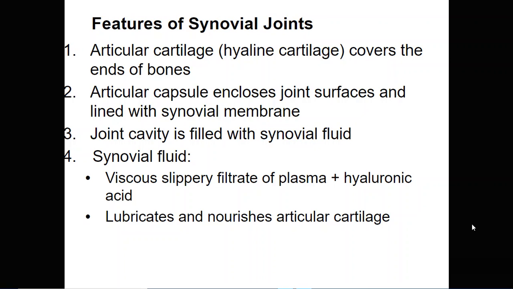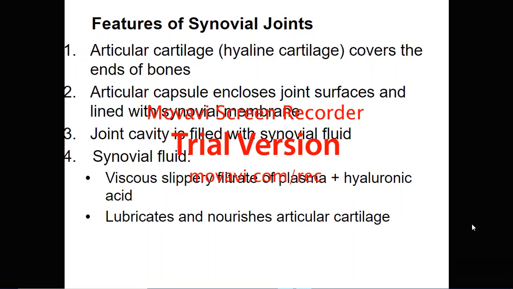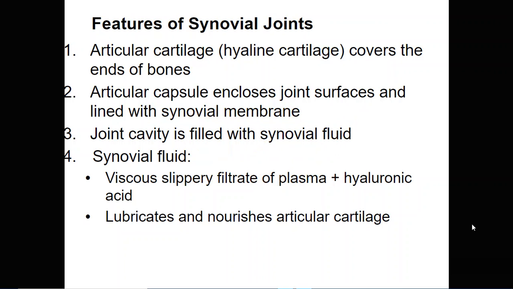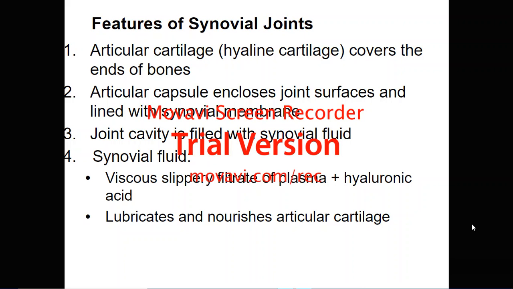You also are going to have an articular capsule that surrounds the joint cavity. The articular capsule has two layers. It has a tough external fibrous layer, composed of dense irregular connective tissue. And internal to the fibrous layer, you have a synovial membrane, which is composed of loose connective tissue, and the synovial membrane's function is to make synovial fluid.